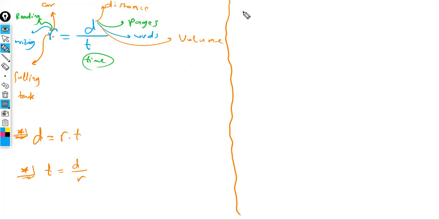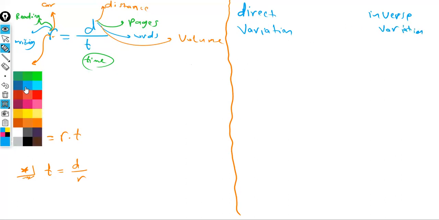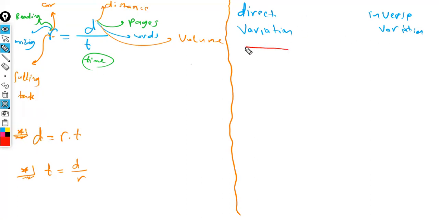The first one is the direct variation and the inverse variation. So I'll explain them with 2 examples to make it easier, inshallah.